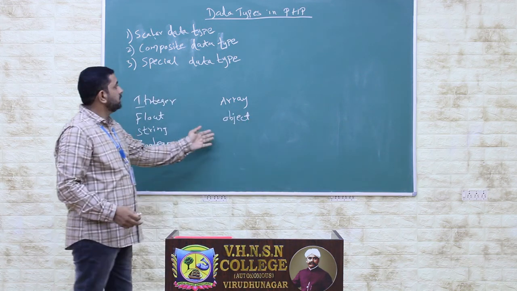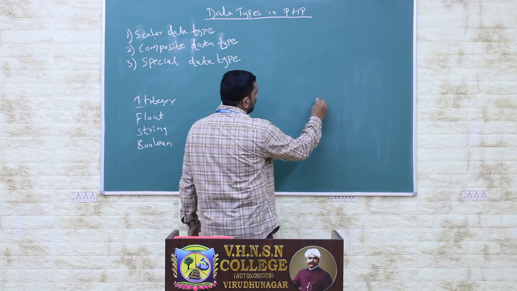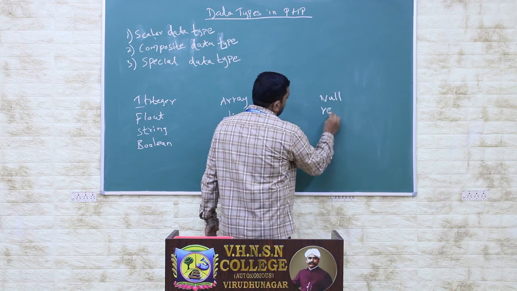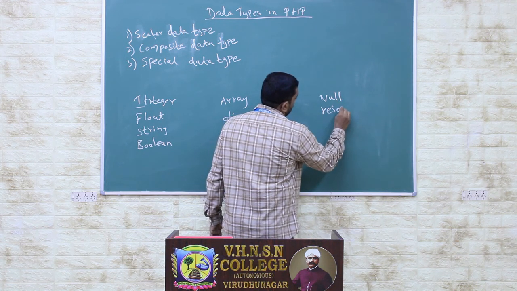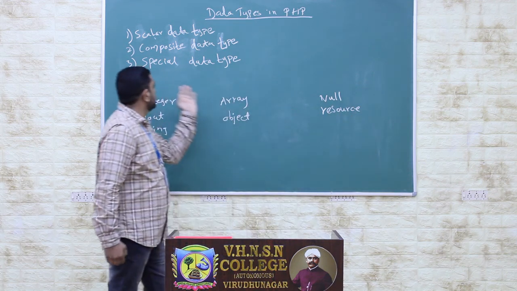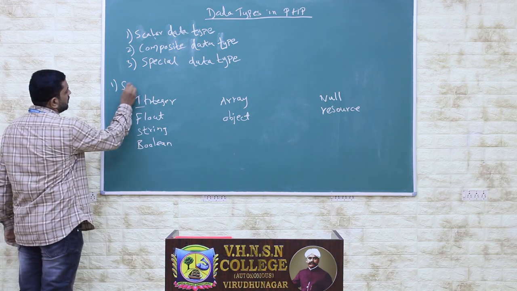Array and object are considered composite data types, and special data types are null and resource. Null and resource are considered special data types. First, scalar data type.